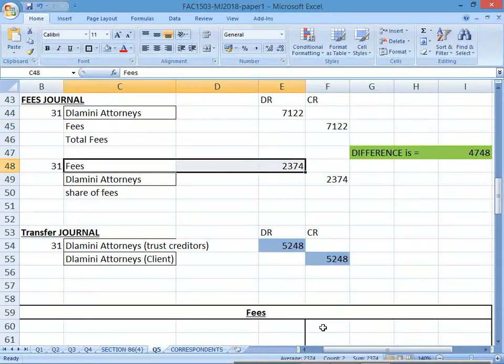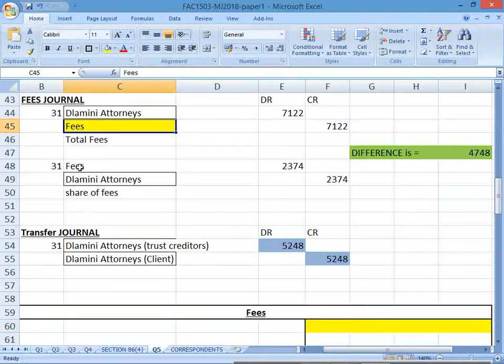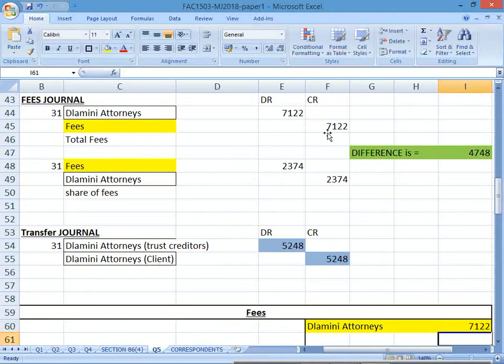So on this side, I'm going to show the debits and the credits. Okay, so there's the credits. This is from the fees journal. This would have been Glamini Attorneys. And Glamini Attorneys would have had a credit of how much there? 7122.